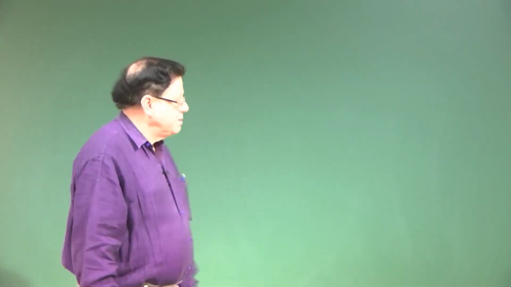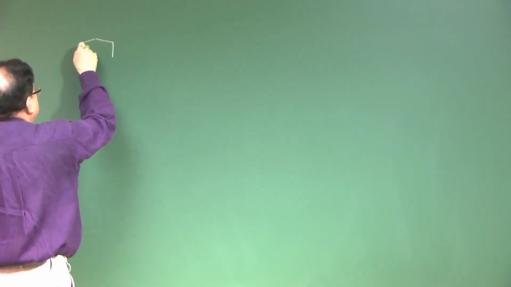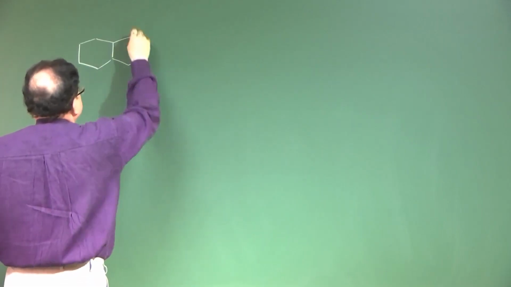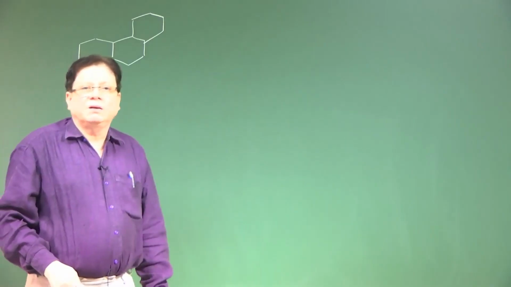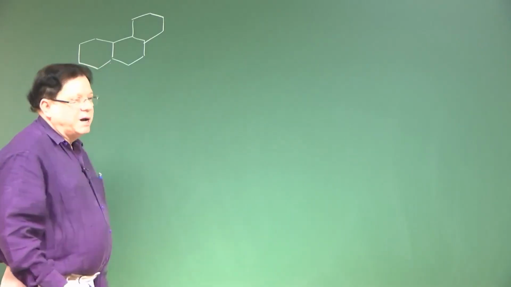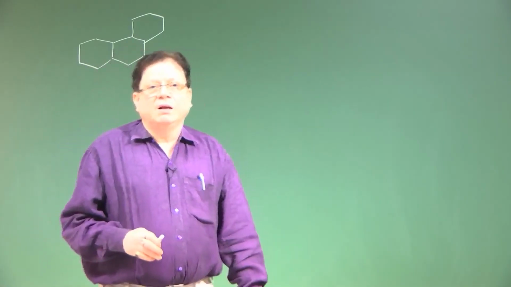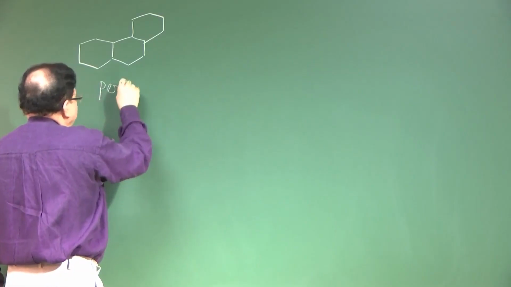Today, we will discuss the tricyclic cyclohexane systems, and the molecules that we will choose are, one is called Perhydrophenanthrene, which is obtained by complete hydrogenation of a phenanthrene moiety, and so this will be called Perhydrophenanthrene.